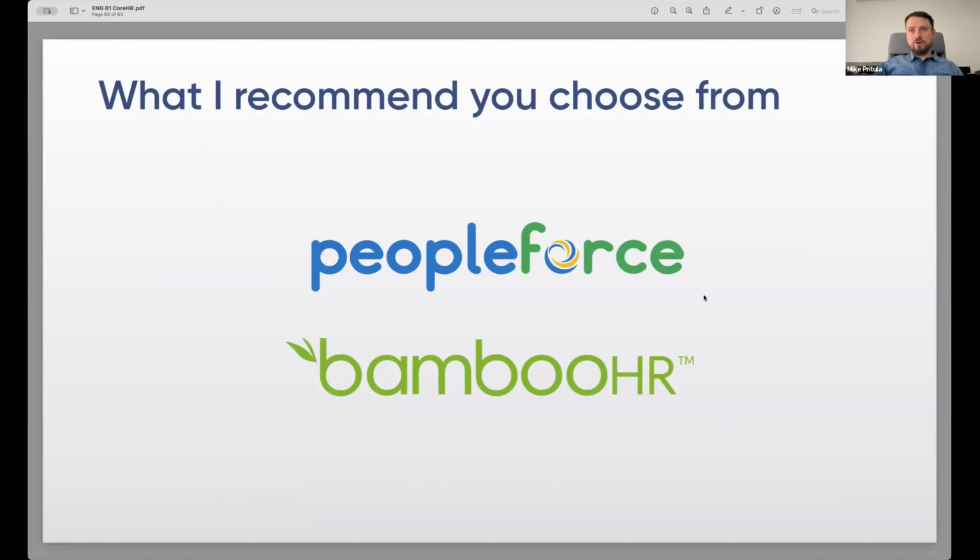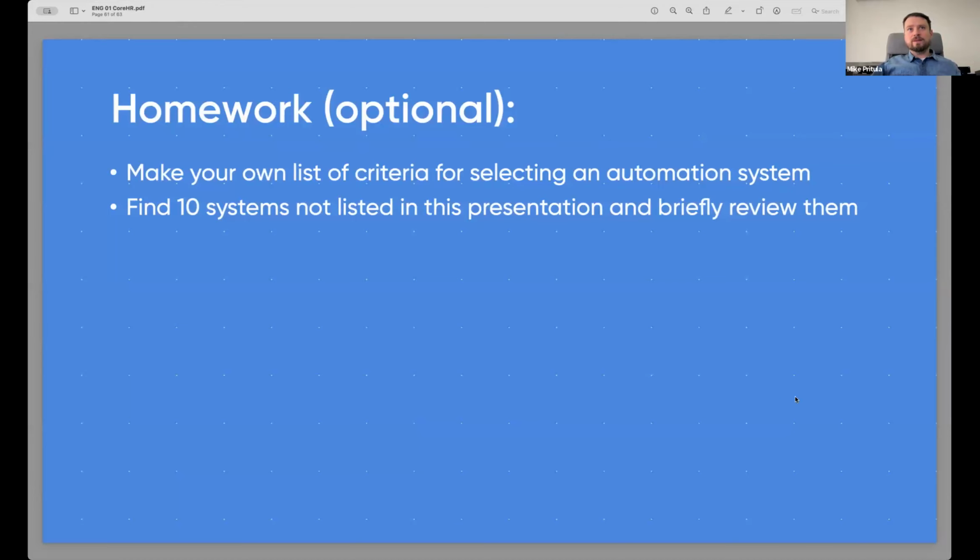First, it's PeopleForce, and then if you want to compare to something, I recommend you to compare to Bamboo HR. I worked with this tool, I know them well, and I see that these two are the best solutions for yourself.